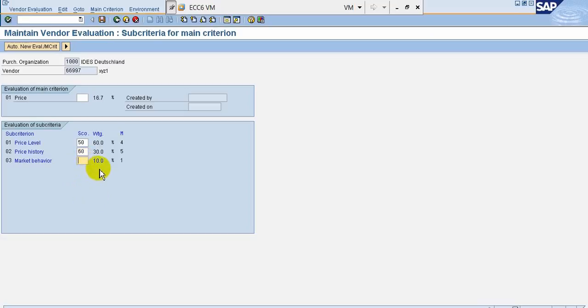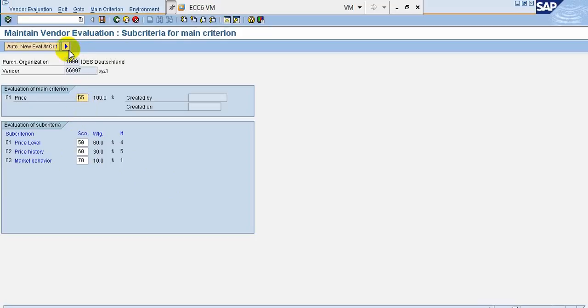This one is about 70%. You can see I have given more marks, but its weightage is only 10, so its contribution is less. This one is 30% out of 60, which is less. This one is 50. So the overall price score cannot be much more. It will be near about 50 only, not even 50, because it is 60% of 50. So let us enter. It's 55. Altogether it has come to 55. The price score has come to 55.